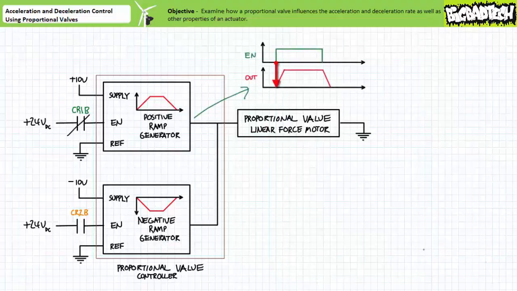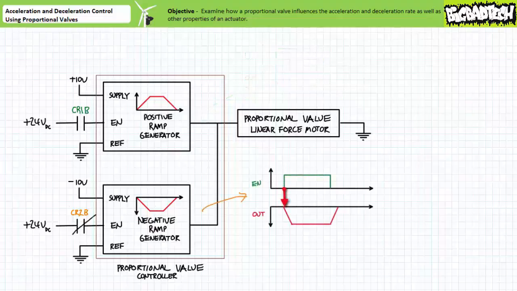Let's assume the positive ramp generator, on being enabled by a 24 volt DC input with a closure of contact CR1B, immediately begins the desired ramp up sequence from 0 to positive 10 volts over the desired period. And when this enable input is de-energized, immediately begins the desired ramp down sequence from positive 10 volts back down to 0 volts over the desired period. Again, the closure of contact CR1B serves to enable the positive ramp generator.